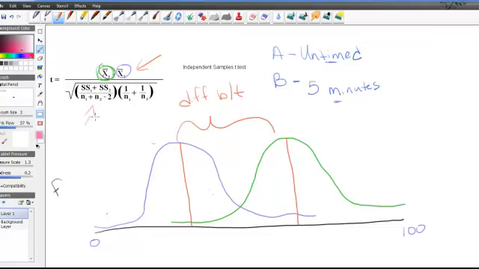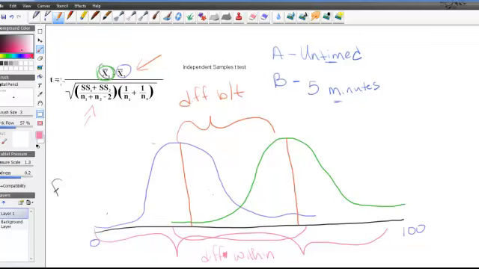Down here, we're looking at our within groups variance, right? So this purple group right here, their data stretches all of this way. So they're a pretty variable bunch. Our green group here, this is their within groups variance. So this is the difference within groups. I'll just abbreviate it.